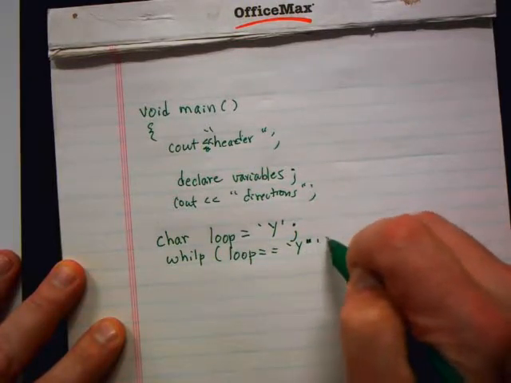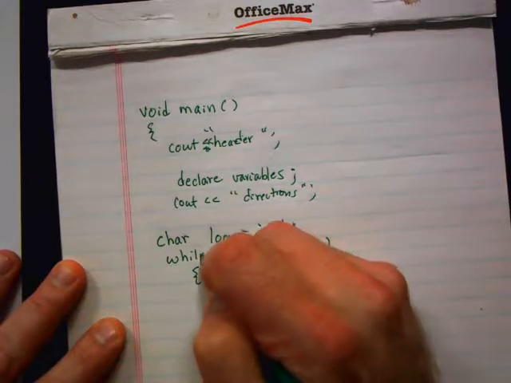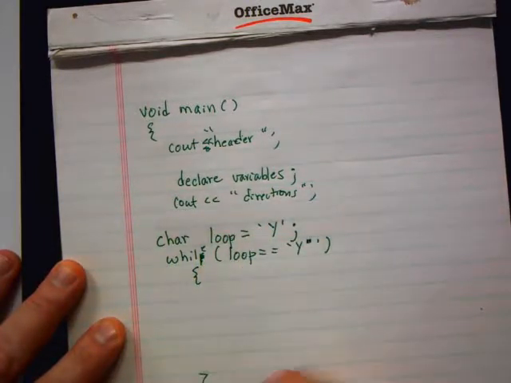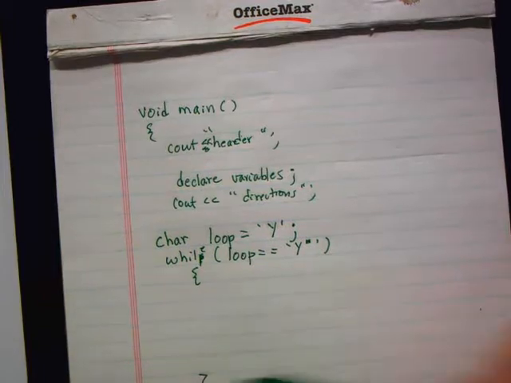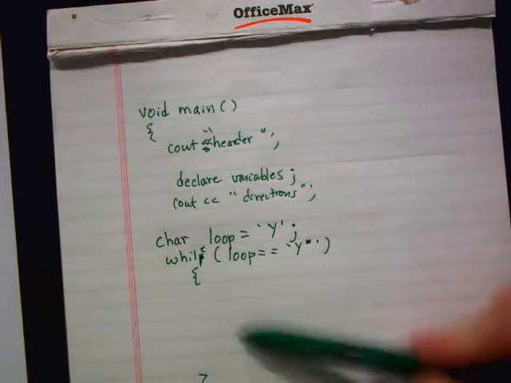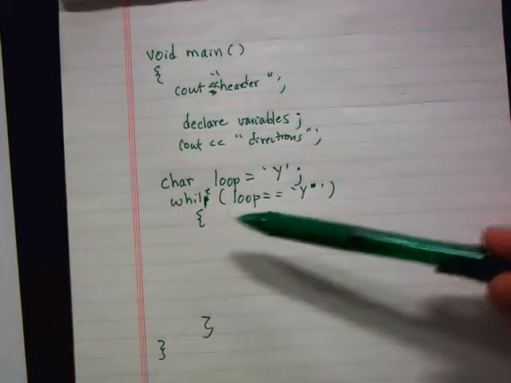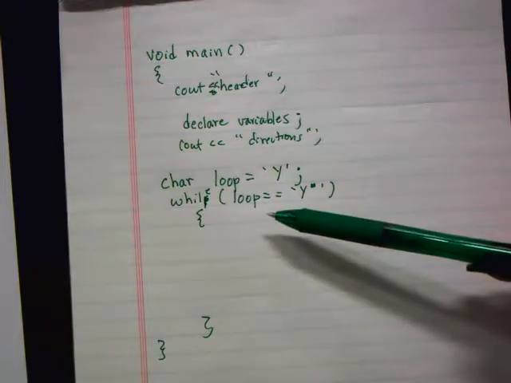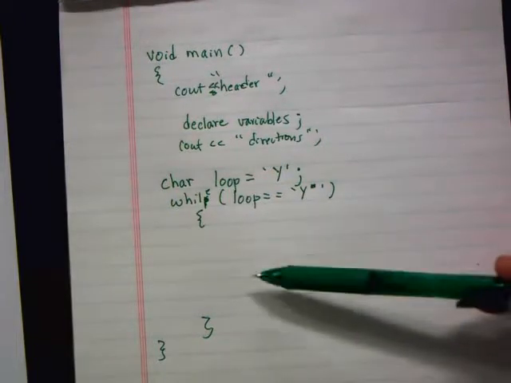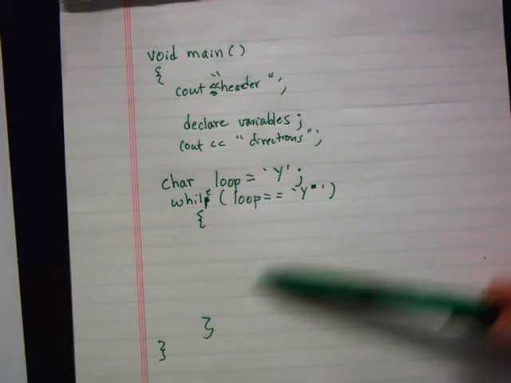Oops, single quote there. And then I have a parenthesis, and this is where the rest of my programming stuff goes. So this is where I tell the person to enter the 2 numbers, and then add the 2 numbers, or whatever you're having your program do. Most of your program block goes in here.